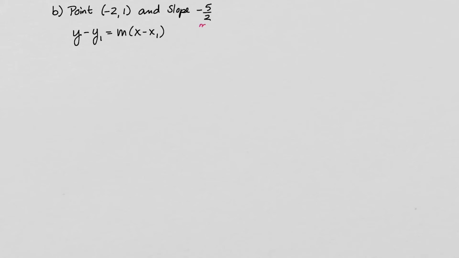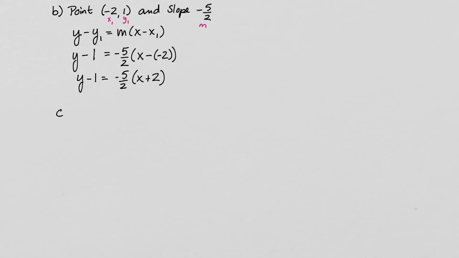And this is our m, this is our x1, this is our y1. And so we're going to have y minus 1 equals the m, -5/2, times x minus x1, which is -2. So we're going to have y minus 1 equals -5/2 times x plus 2.